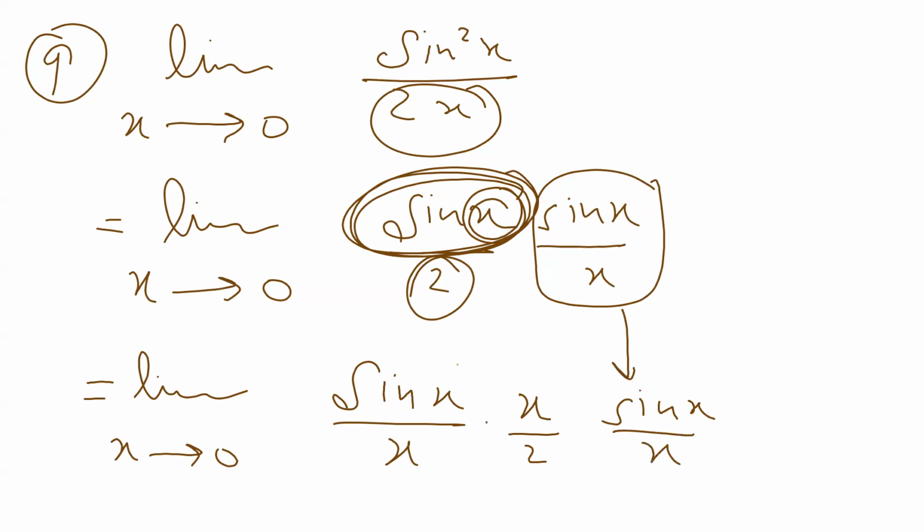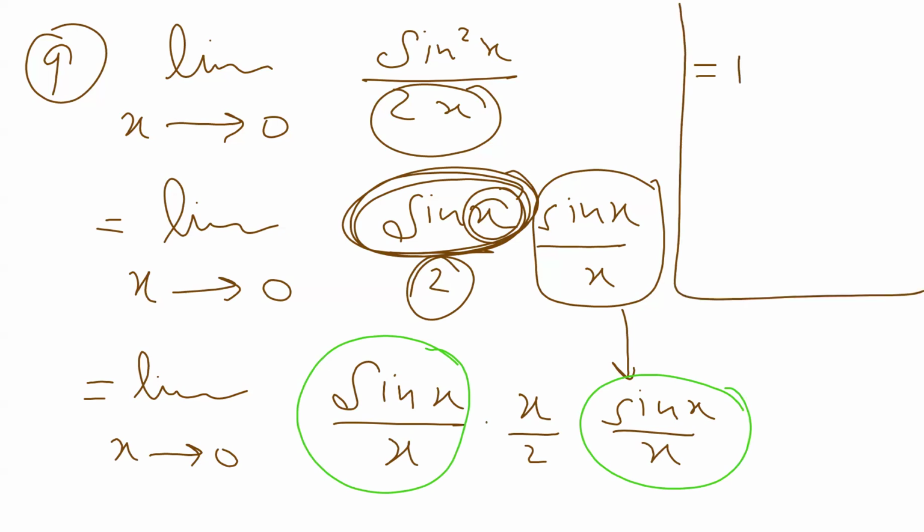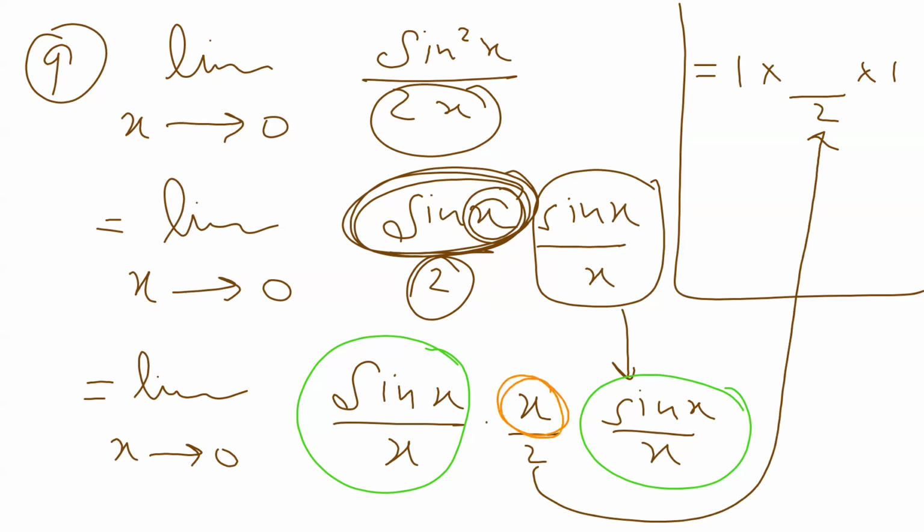Now these green colored circles. What is the value of these green colored circles? 1. Correct. So this is 1. This is 1. This 2 is written over here too. Now we are only left with this x, which unfortunately did not get eliminated.